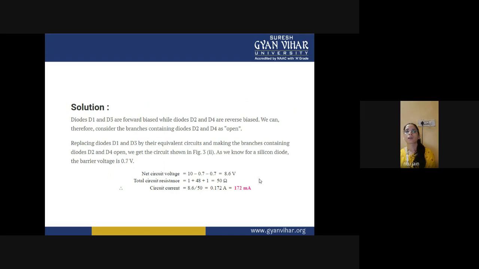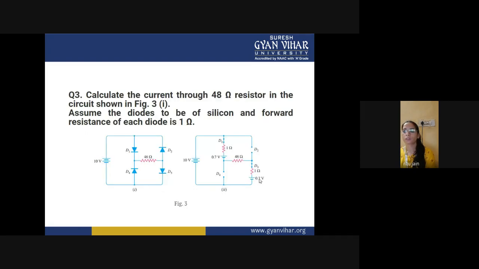So replacing diodes D1 and D3 by their equivalent circuits and making the branches containing diodes D2 and D4 open, we get the circuit shown in figure 3. As we know, for a silicon diode the barrier voltage is 0.7 volt, so we have already taken the barrier voltage, which is 0.7 volt.